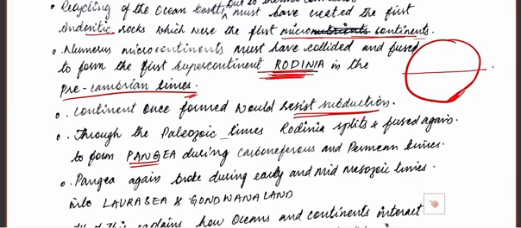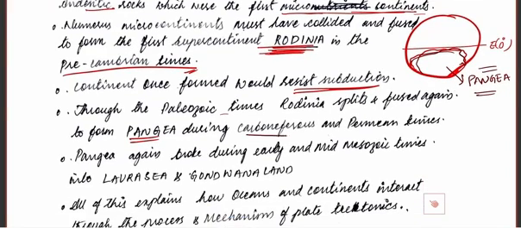This we consider as equator, 0 degrees. So all those micro islands got accumulated here, and this formed into Pangaea during the Carboniferous and Permian times.